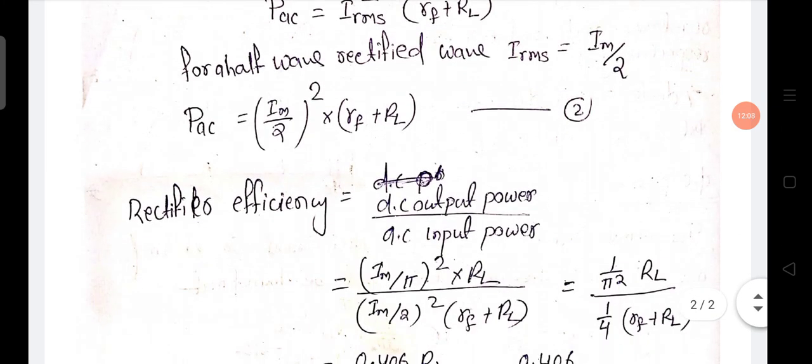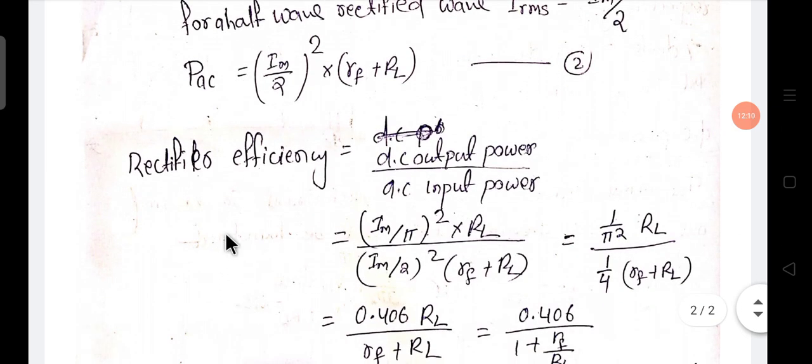Now put these in the efficiency formula. Efficiency formula is what? DC power output over AC input power. Put the value of DC power output, which is (Im by pi) square into RL, and AC input power is (Im by 2) whole square into RF plus RL. Now calculate 1 by pi square. Im cancels, upper and lower.